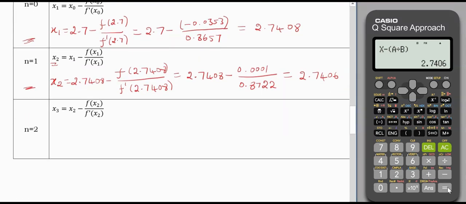Now to find x3, n is equal to 2 in the formula, it is x3 is equal to x2 minus f of x2 divided by f dash of x2.